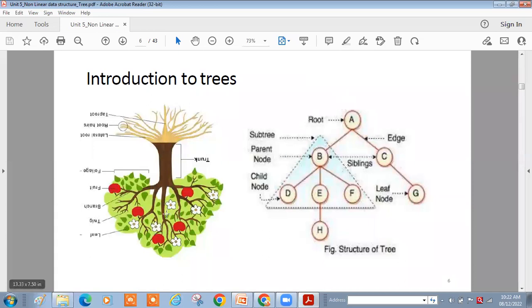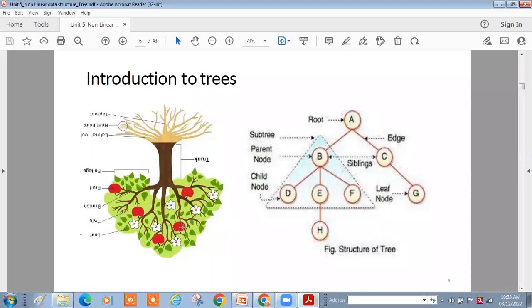Then come the branches. These are the branches. In the case of a data structure, I have to call these branches edges. So the root is connected with the branches. Now you can observe the leaves.